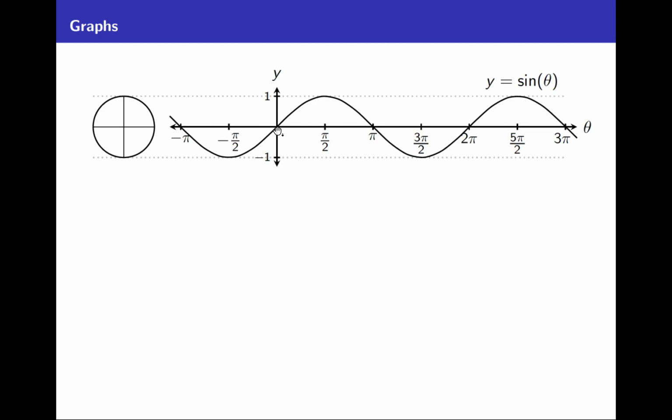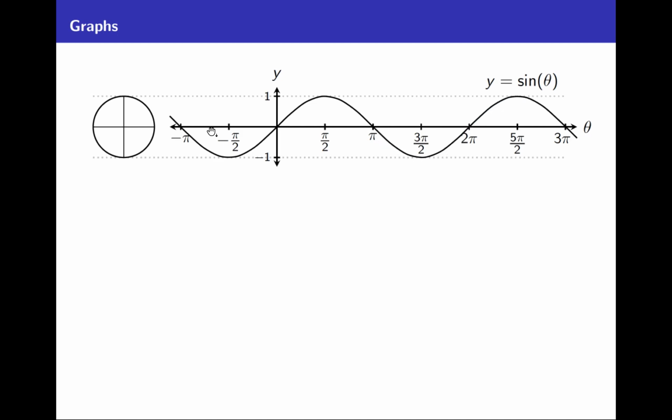And you see the graph of sine of theta going from 0, and then it reaches a height of 1 at pi over 2. And by the time you get to theta equals pi, you're back down to 0. Continuing along past pi, that y-coordinate becomes negative, down to a y-coordinate of -1 at 3 pi over 2. So the function dips down like this.